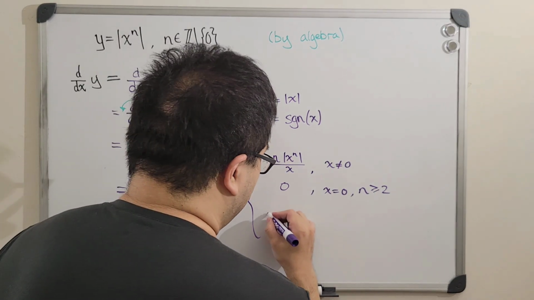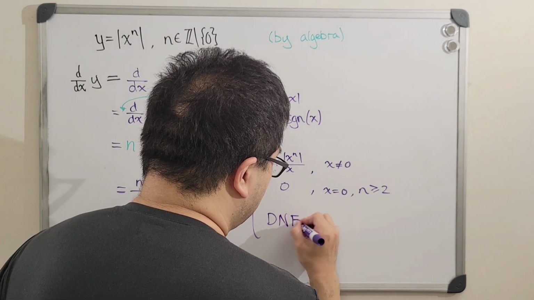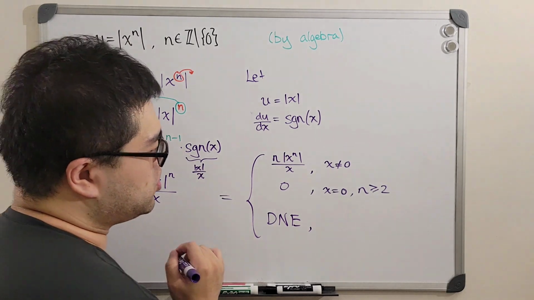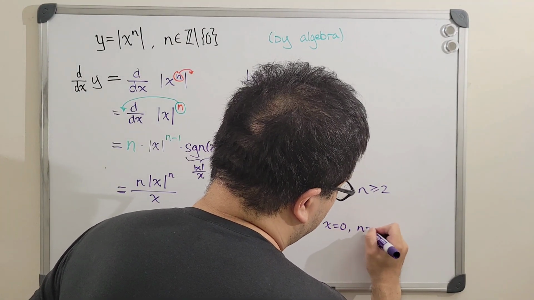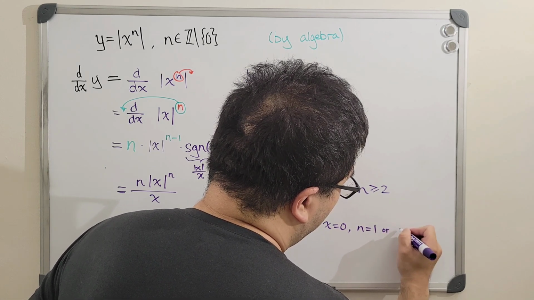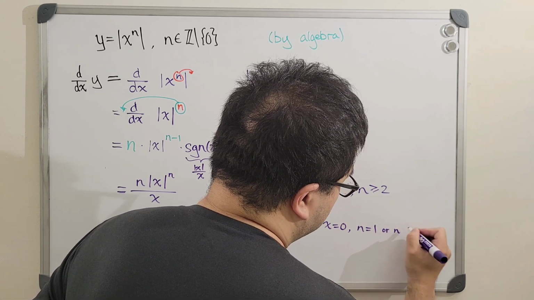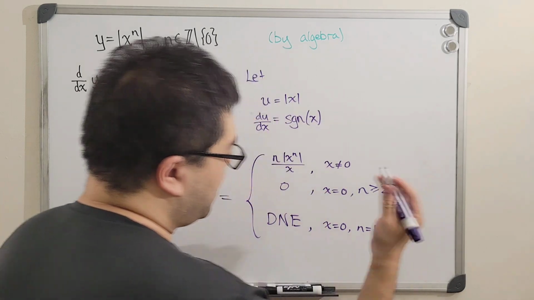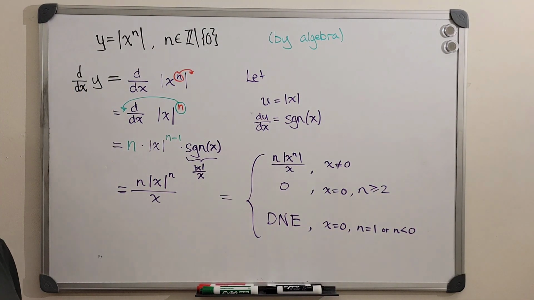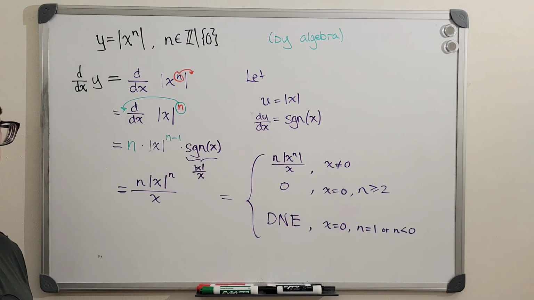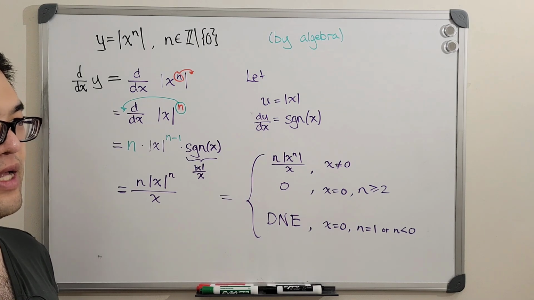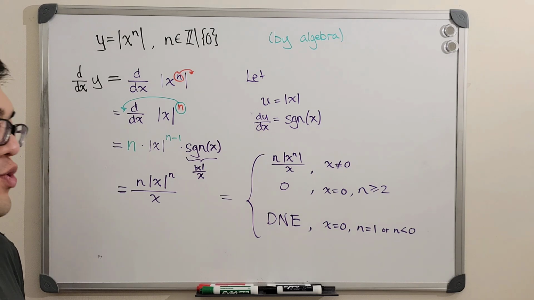And then for the other case, we will say that the derivative does not exist when x is equal to 0, when n is equal to 1, or n is negative. And again, when n is negative, it's fair because even without the absolute value sign, it's undefined anyway. So if it's already undefined for the original function, we cannot say that it has a derivative at that value either.